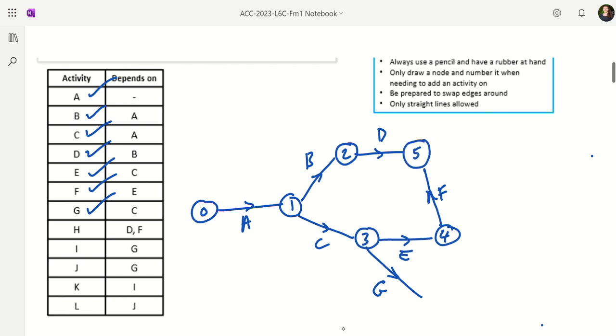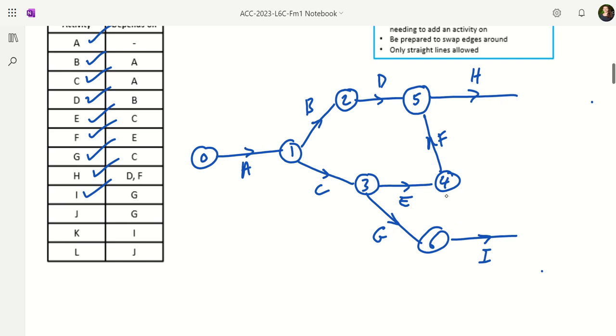So once D and F are completed, then I can complete H. I can be completed once G is completed. So let's have a sixth node, and let's have I coming off there. J can be completed once G is completed, so I need to move down a little bit and draw this one on there, J.